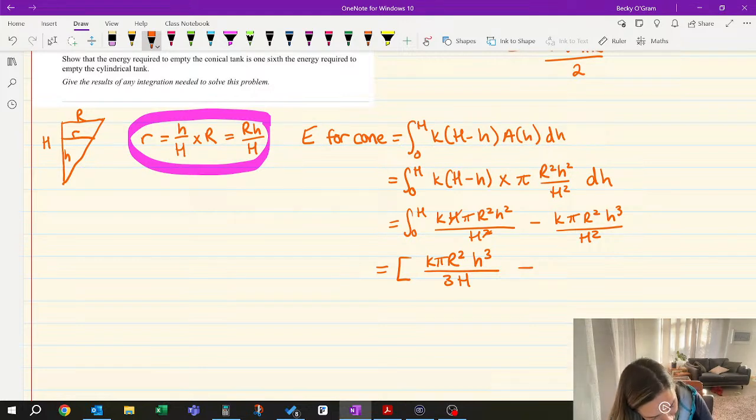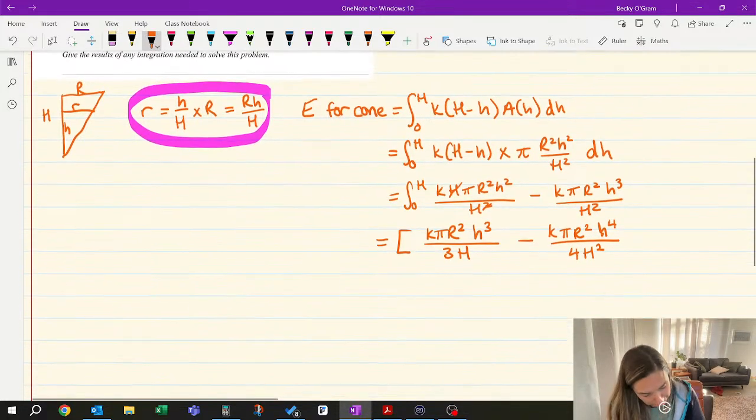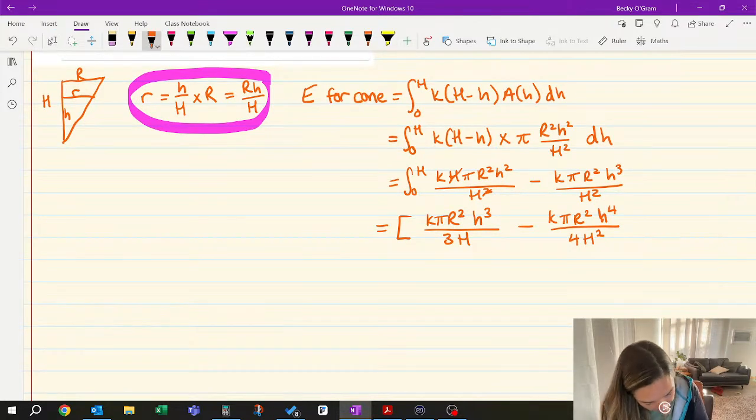If I now integrate this, we have k pi r squared. The h increases by a power of 1, so we have h to the 4. Divide it by the new power, and we've got 4h squared. Okay, now substituting that in. Oh, I forgot to close off the bracket. Here we go. Capital H and a 0. Okay, if we put the capital H in, we will get k pi r squared.